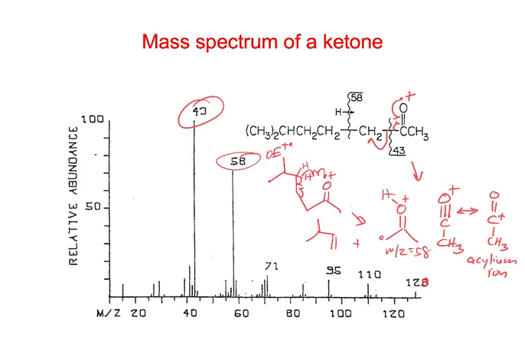So then the name of the game is basically trying to find as many 1,5 HATs as possible, because that's a lot of the rearrangements. Right, because this goes through a six-membered transition state here. Well, I think it's the other way around too: we're looking at our spectrum and we should recognize that this is an odd electron ion.